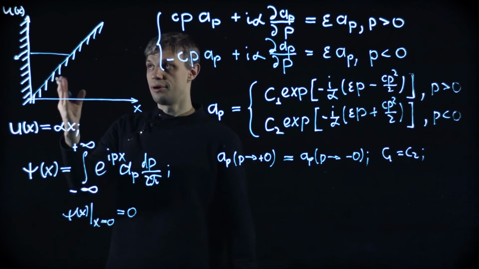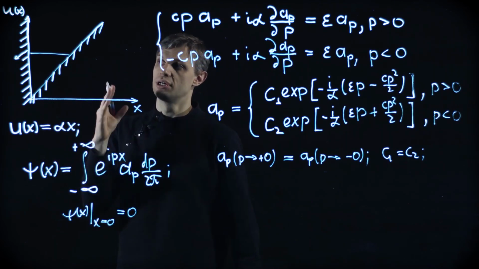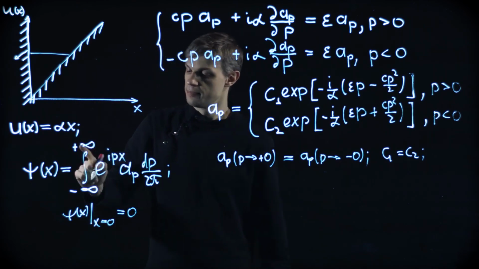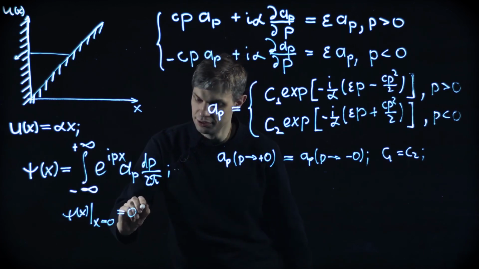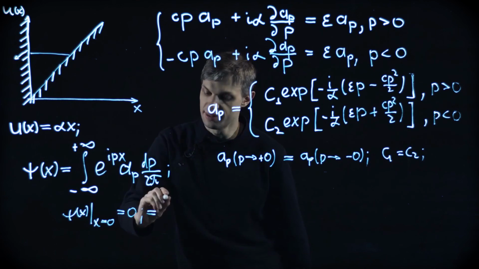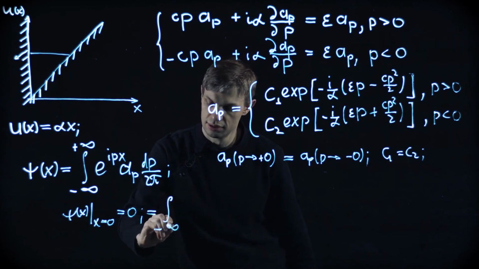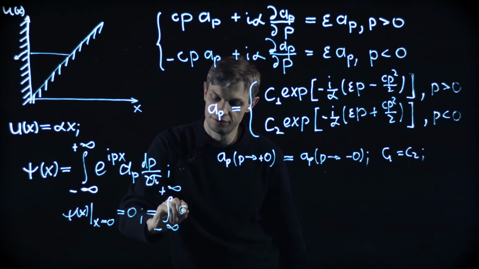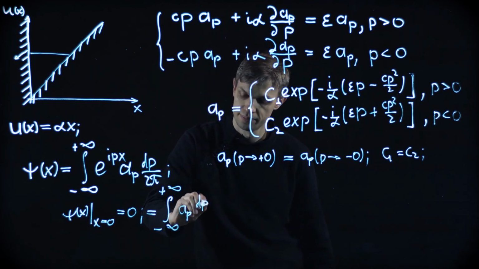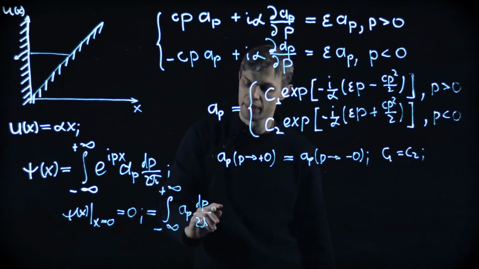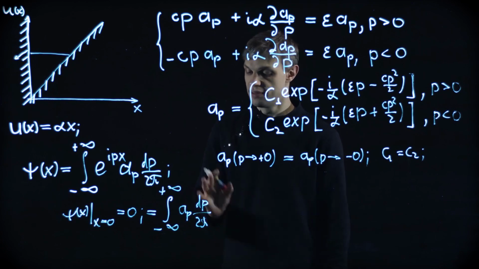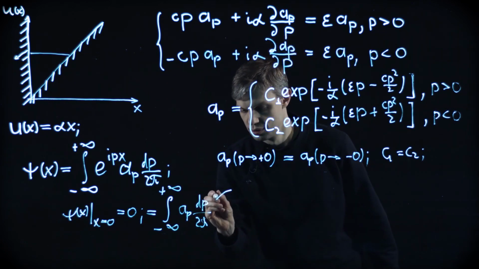This is basically our boundary condition, which will give us the quantization rule for energy levels. So psi of 0, as we see here, is simply the integral of our wave function in momentum representation over the whole range of momentum. This is our quantization condition.